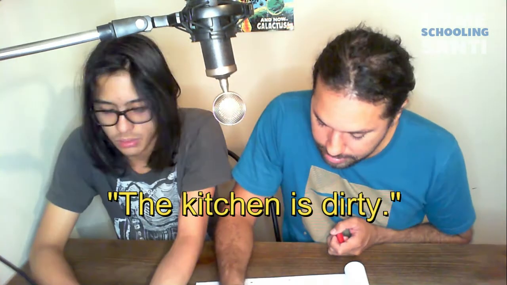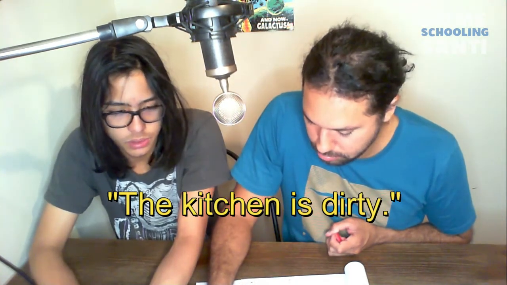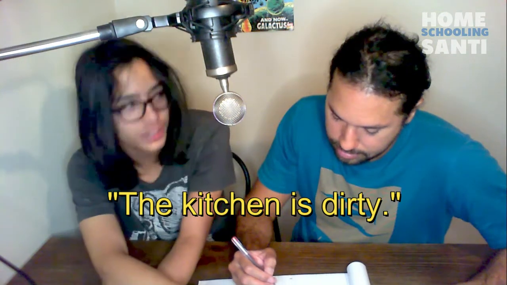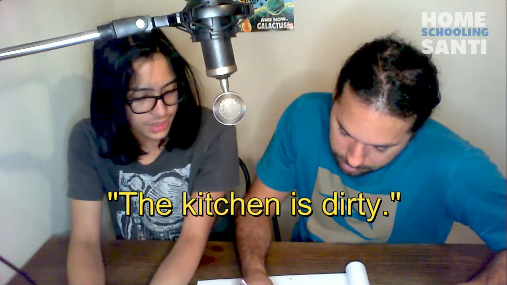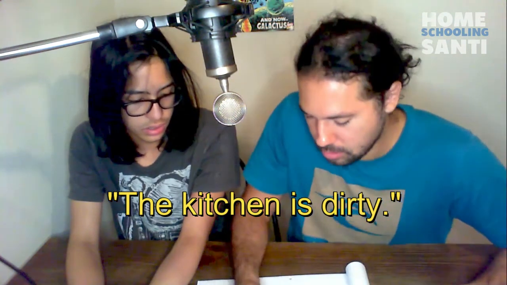The kitchen is dirty. You must capitalize the first word. But a lot of people forget to capitalize the pronoun I, and some names of places or proper names. So you must never forget to capitalize those.